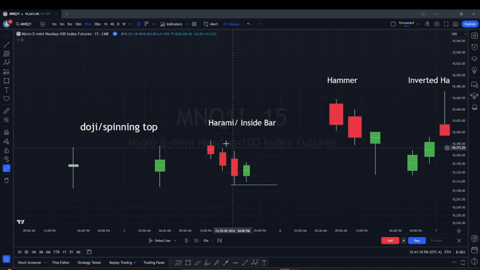This is going to be a bullish harami or inside bar, where you'll see, just pretend this is a big, fat momentum candle, and then you open down here, you move down, but you don't break the low of the candle, and then you flip to a bullish candle. The opposite would be for a bearish. So what you would expect at this point is some sort of reversal, showing momentum is slowing down.